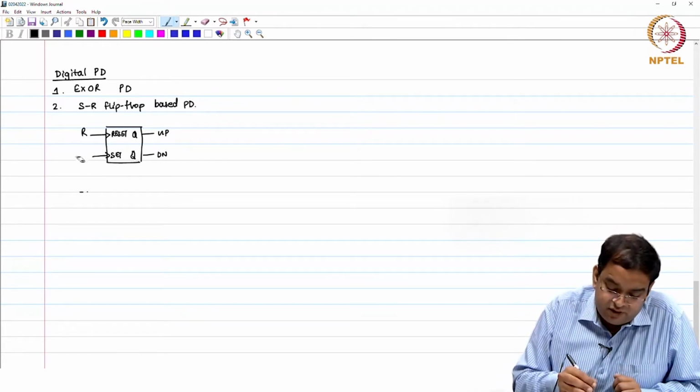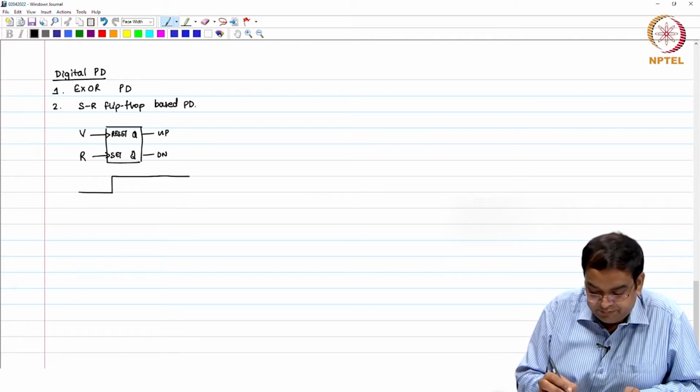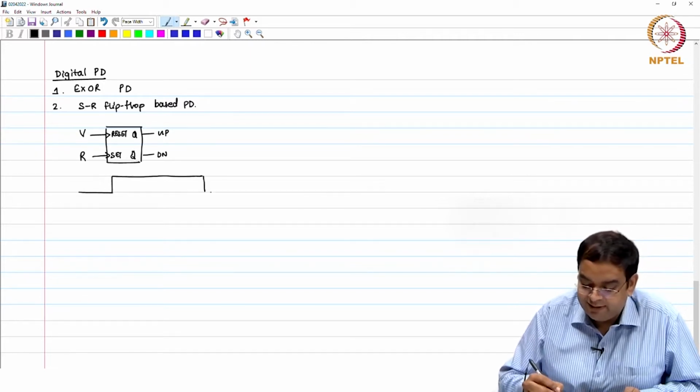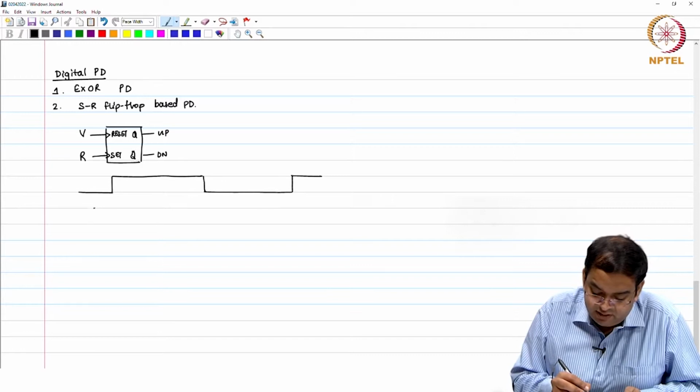Let us continue with our signals R and V, I think that will be better. We have our R signal, which is like this, and the V signal is nothing but the same signal shifted by time if the frequency is the same.